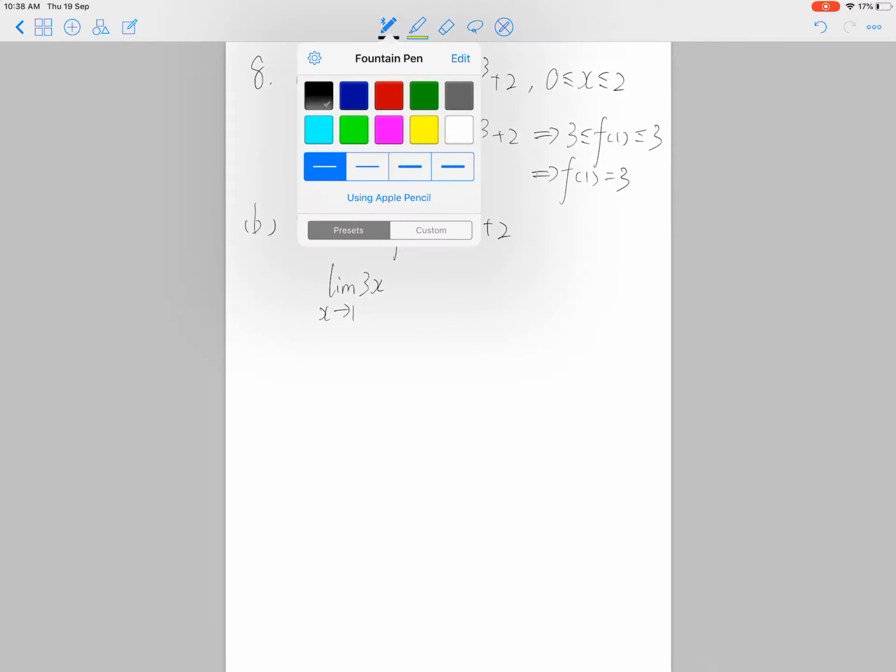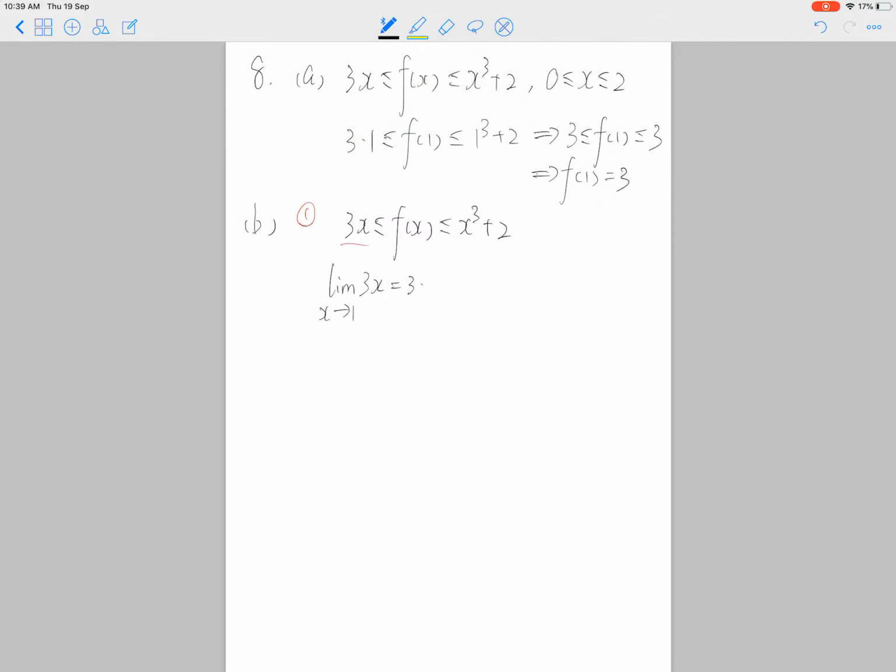Here, the limit of this lower bound function is 3 times 1, it's 3. The limit of this upper bound function is 1 cubed plus 2. It is also 3. So these two are the same. This is the second condition.